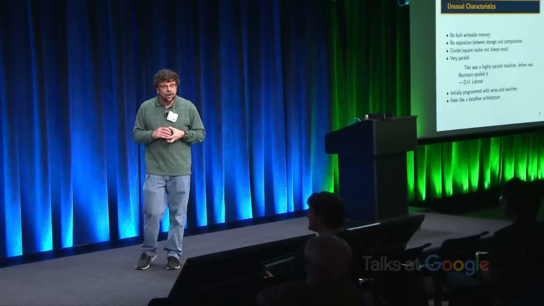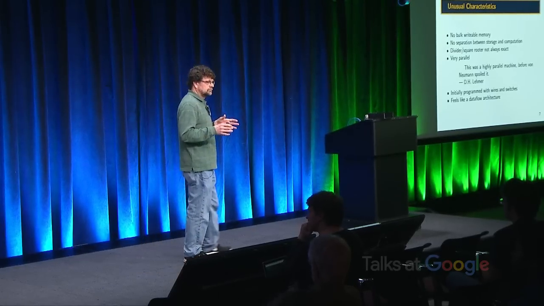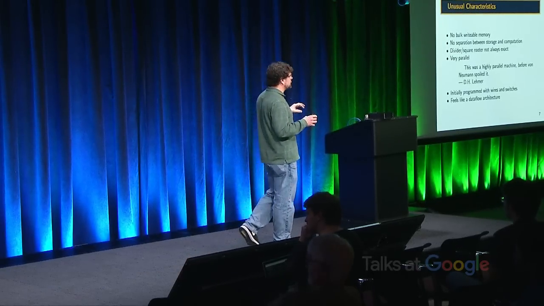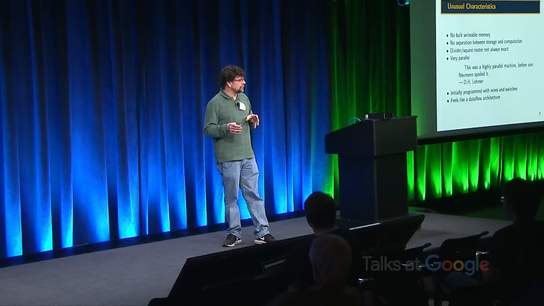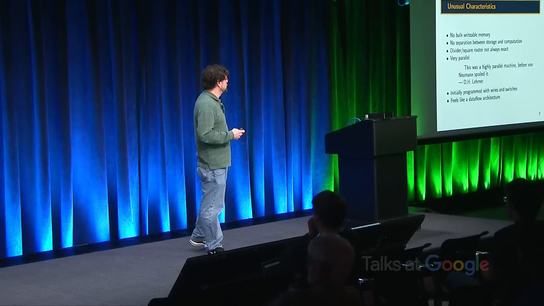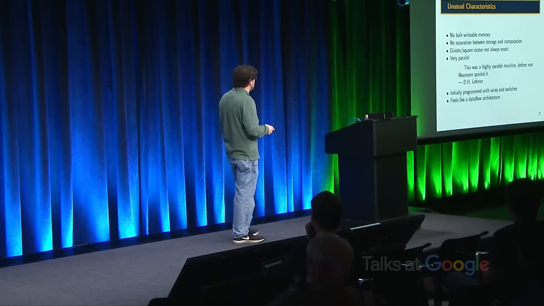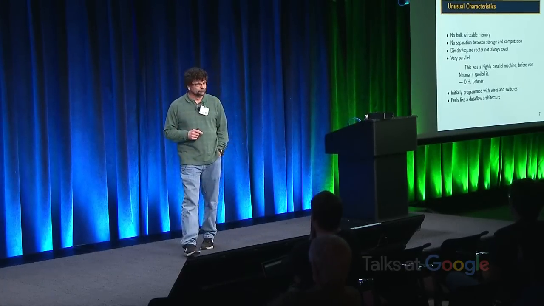The other big thing about it that I like to point out is how parallel it was. All 20 of those accumulators could be operating simultaneously. So even though a single addition would take 1/5000th of a second, you could be doing 20 of them at the same time. So it was a very, very parallel machine. In fact, I love this quote by Lemmer. This was a highly parallel machine before von Neumann spoiled it.